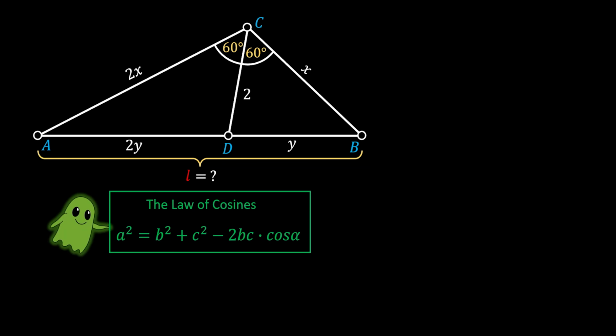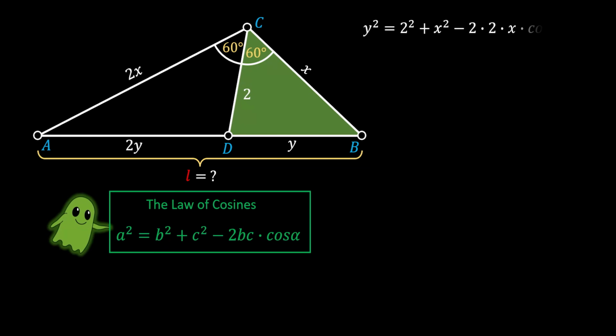And we're going to use this law on our triangle DBC. So we're going to say that the line y squared equals the sum of the squares of 2 and x minus 2 times their product times the cosine, which is opposite to the line y, and this is the cosine of our 60-degree angle.